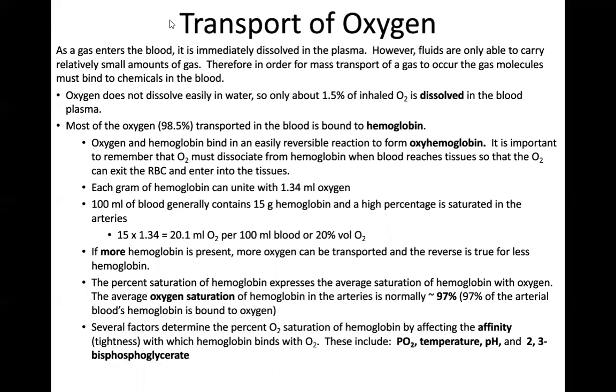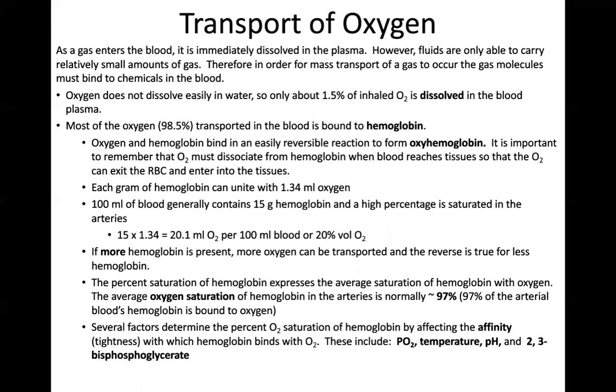That's pretty darn minuscule compared to 98.5%. So we're not even going to really focus on the dissolved-in-plasma form of oxygen. We're going to talk about the form bound to hemoglobin, in the form of oxyhemoglobin.